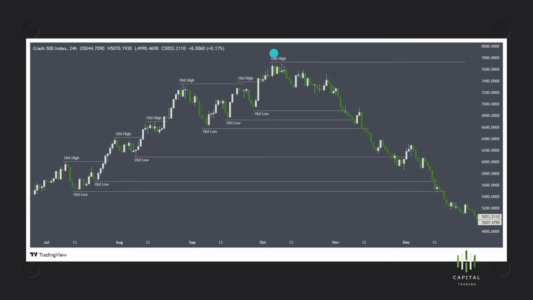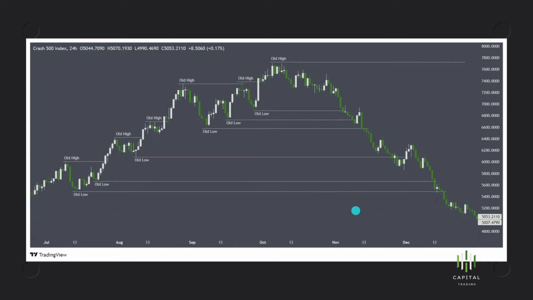So when they reversed, now our eyes turn to old lows, right? We have these 1, 2, 3, 4, 5, 6 old lows. So the market has been dropping since November, or since October, on C500, taking out our 6 or 7 previously identified lows, and that's what's been happening.